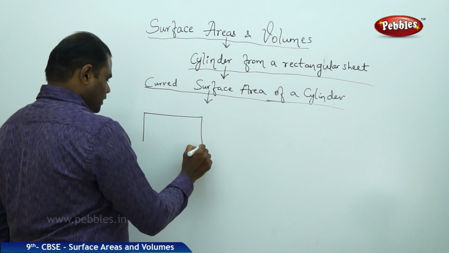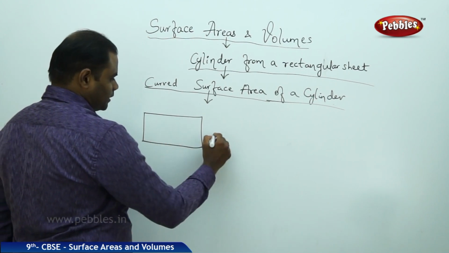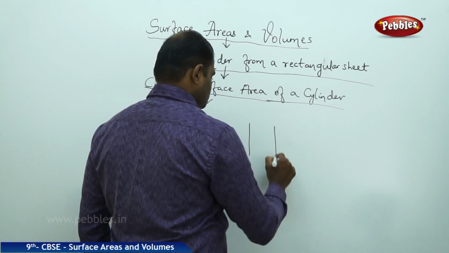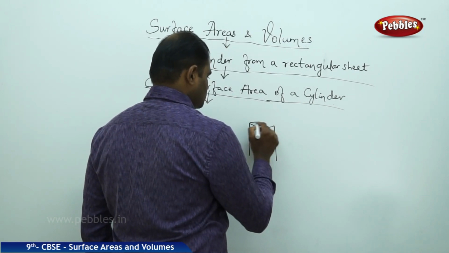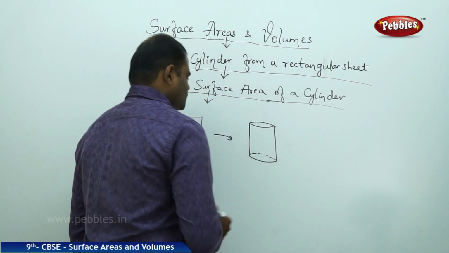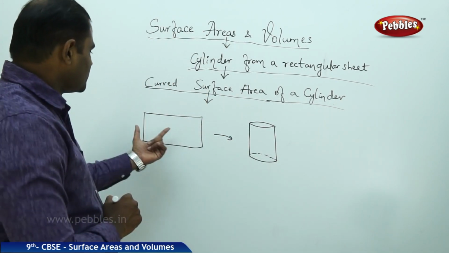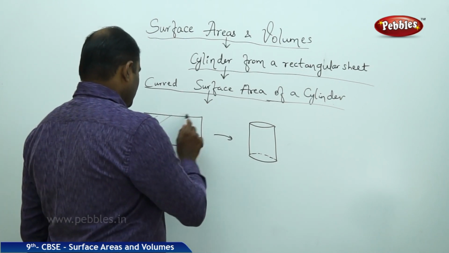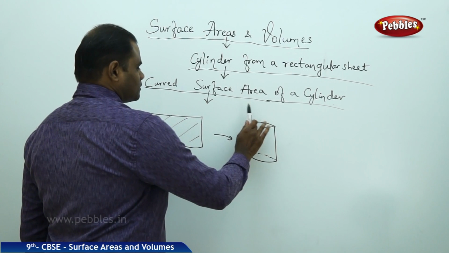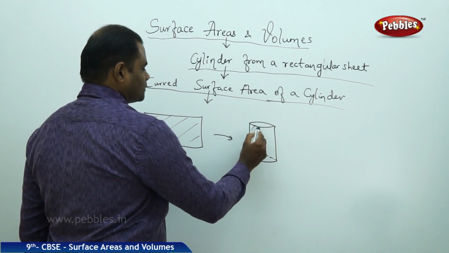Let's come back to the rectangular sheet of paper that, when rolled, forms a cylinder. Therefore, the same area as occupied by the sheet of paper will be the same area as occupied by the curved region of the cylinder.